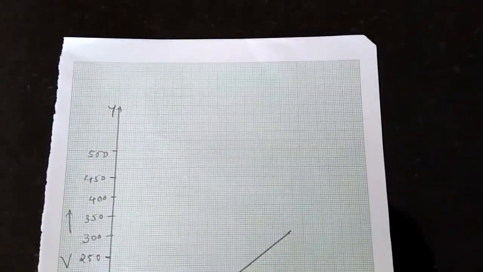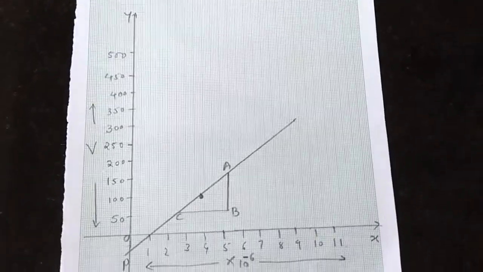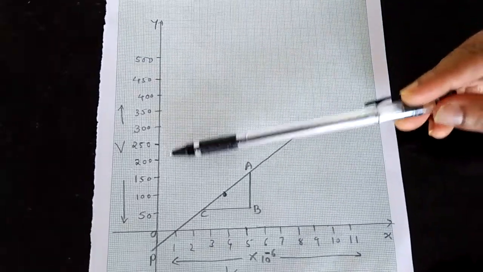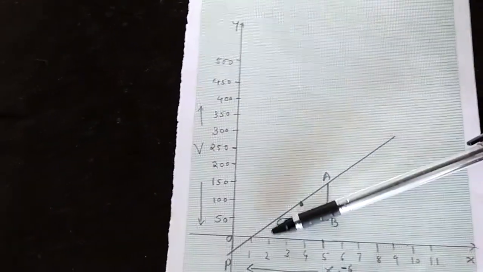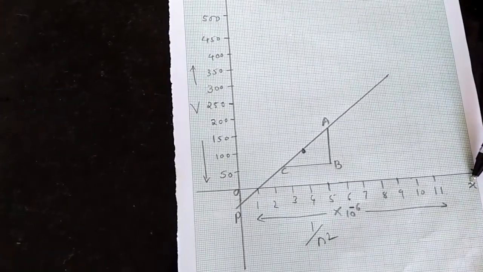And after taking the readings, plot the graph of volume and frequency. So that is, here we can see the graph. So that is volume on the y-axis and 1 upon n square on x-axis.